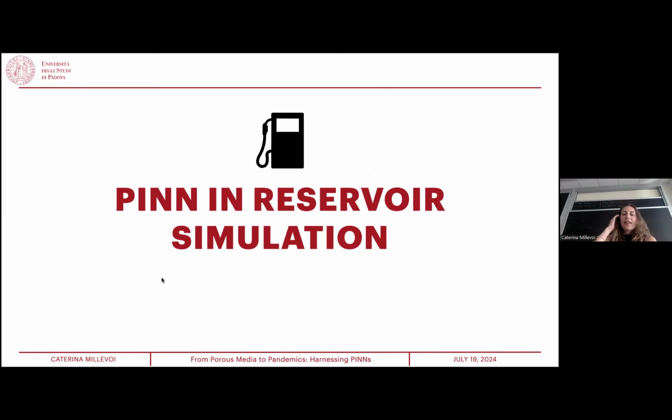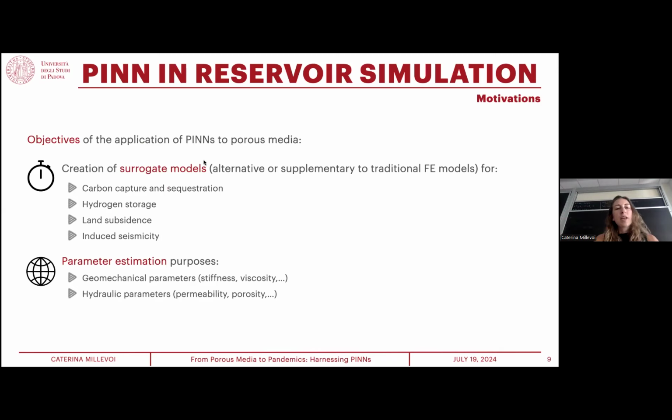So why did we decide to think about PINNs in reservoir simulation? Because we had two main objectives. The first one was the creation of surrogate models that could be alternative or supplementary to traditional finite element ones, for example. And the second objective was parameter estimation, because in this field, the geomechanical and hydraulic parameters could be extremely heterogeneous, and they are usually very hard to measure directly.